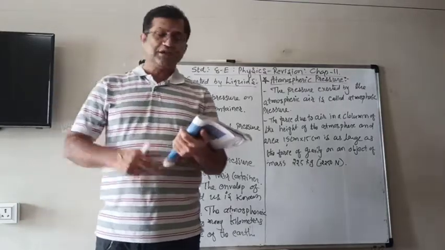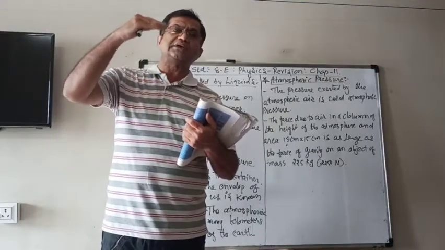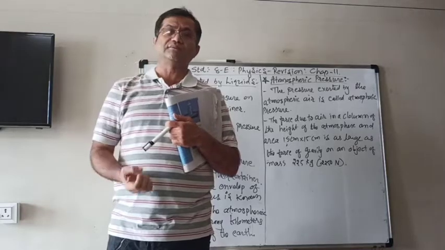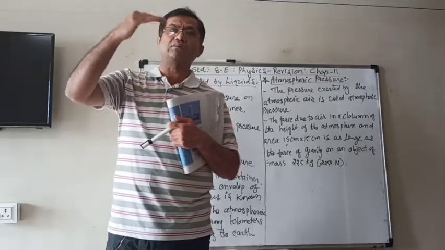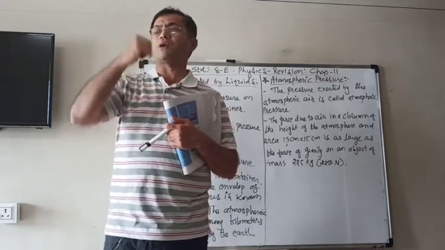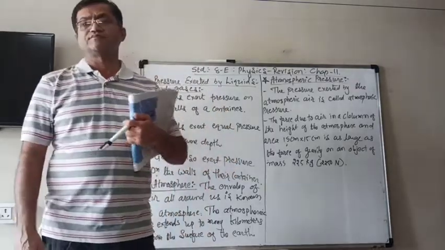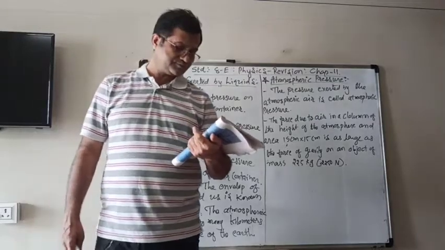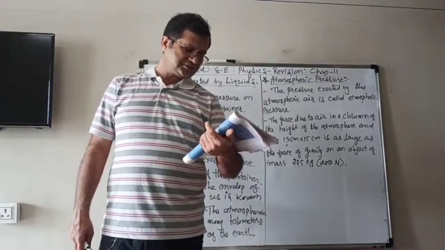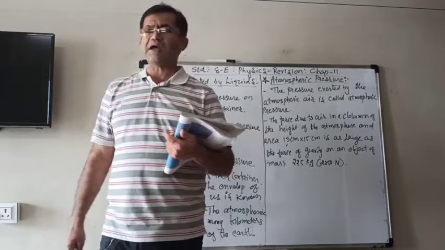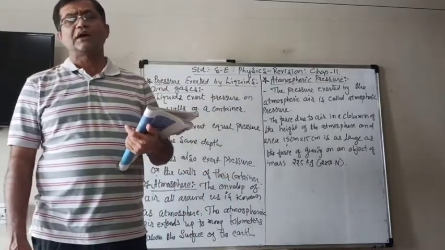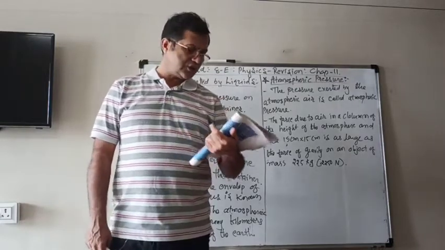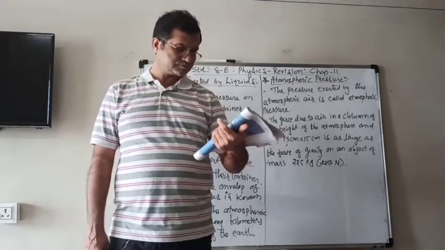So as the water column is getting higher and higher, the bulging is getting bigger and bigger because more and more water is coming on the top, and therefore the pressure is also increasing. So this activity tells us that the liquids also exert pressure.